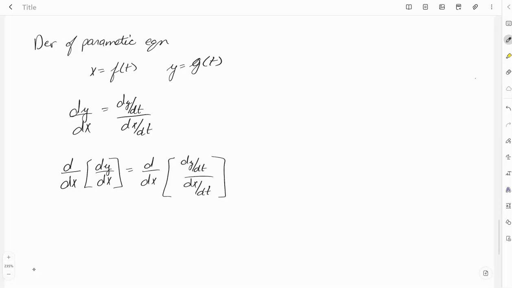And we're going to think about this just like multiplying a fraction to another fraction. So we could think about this as d over dx times dy over dt divided by dx over dt. Just like we would if we had a number times a fraction. We could think about that being over 1.